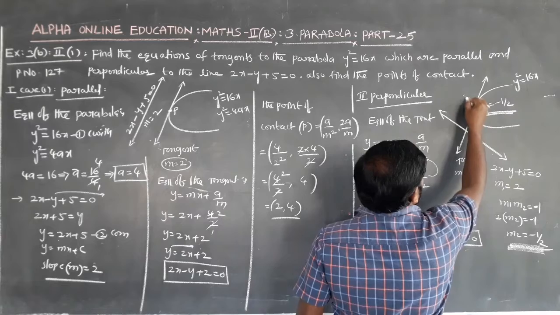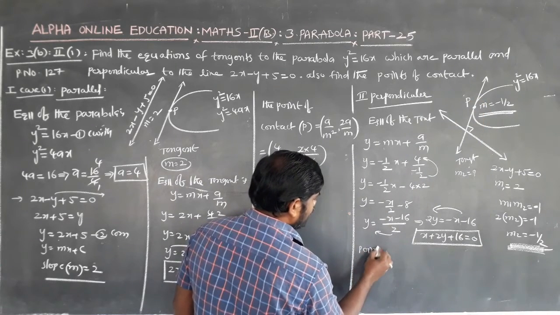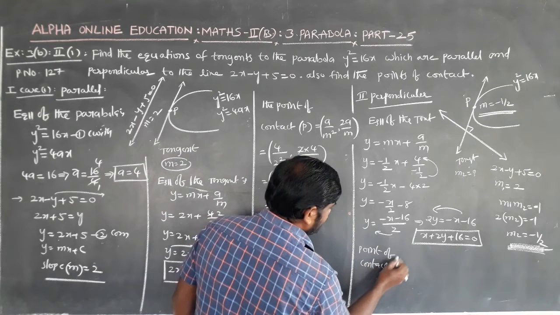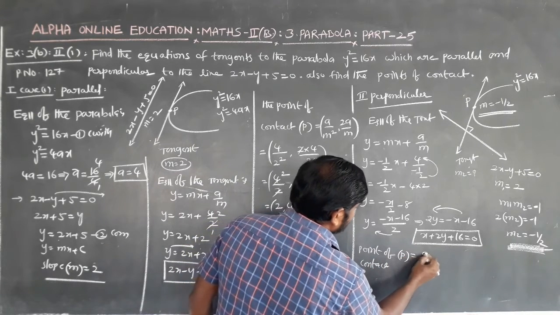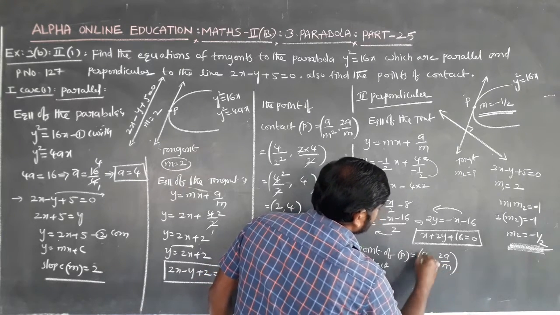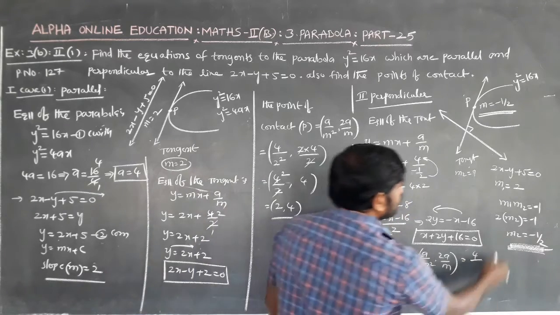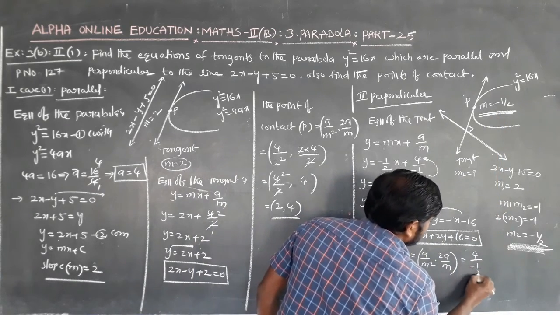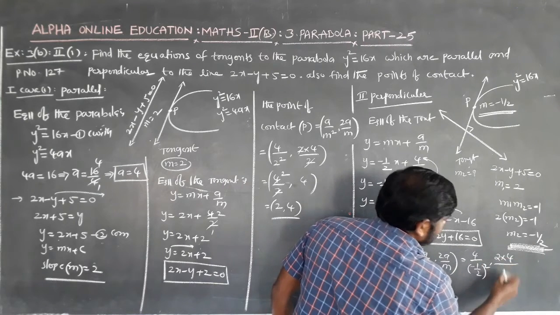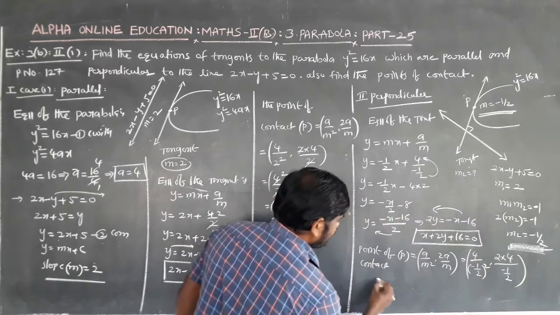Next one is the point of contact. P is equal to a by m square comma 2a by m. That is 4 by minus 1 by 2 whole square, comma 2 into 4 by minus 1 by 2.